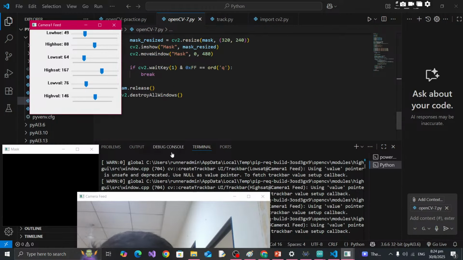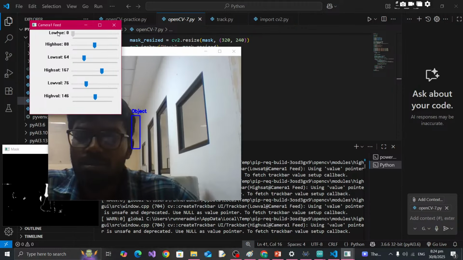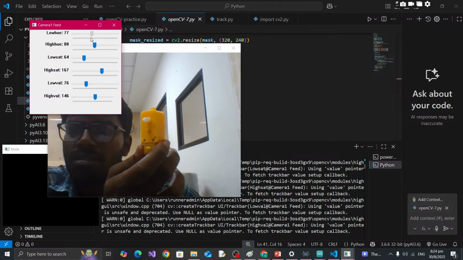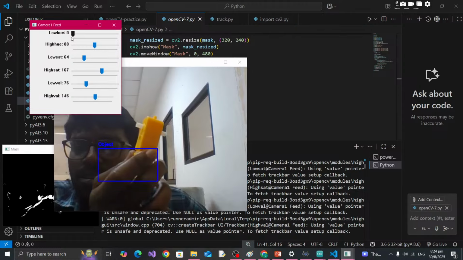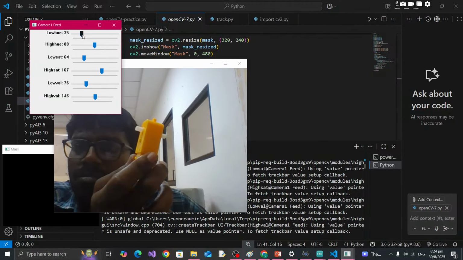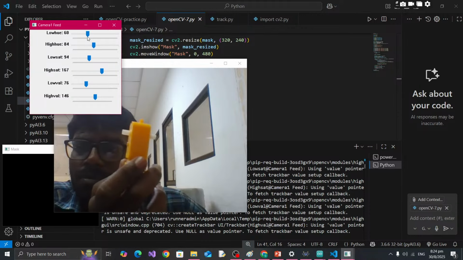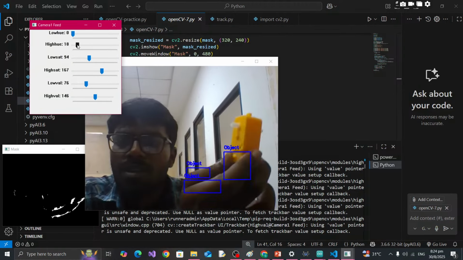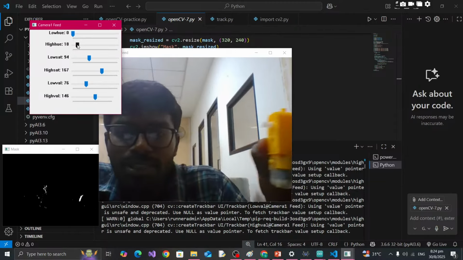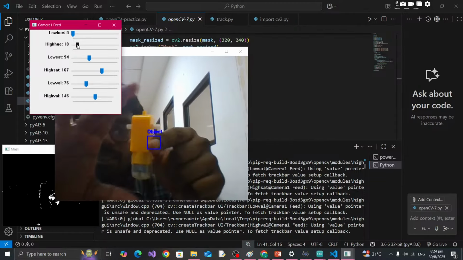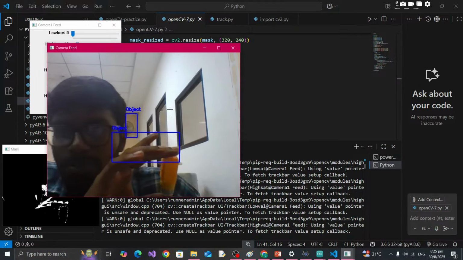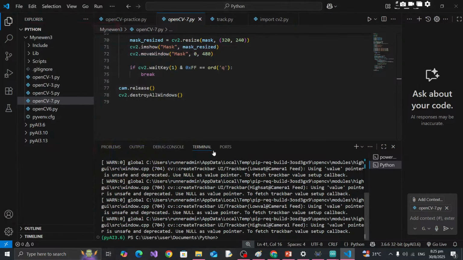Mask resized. Okay. So in order to detect this yellow color, you can see this frame is moving here and there because it is detecting the yellow color. Let me do it very precisely.